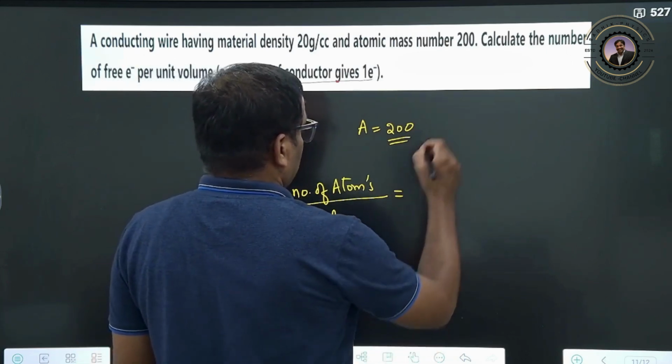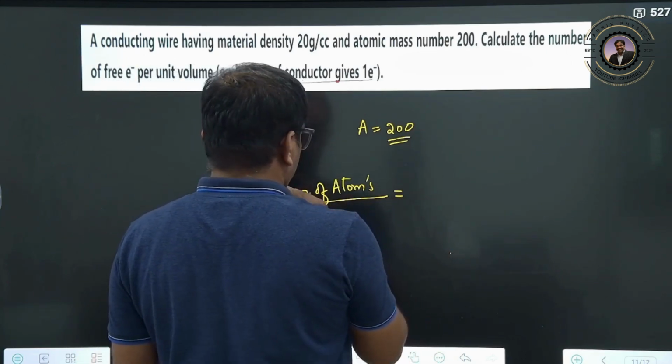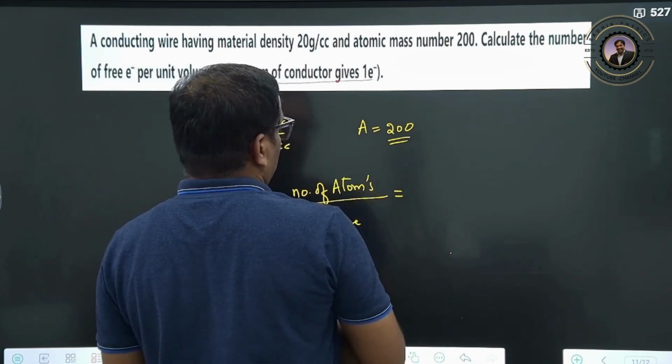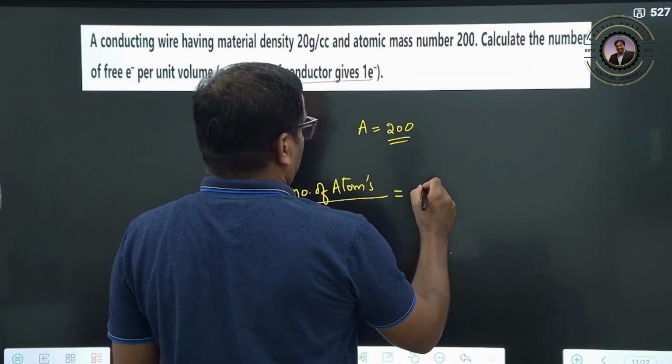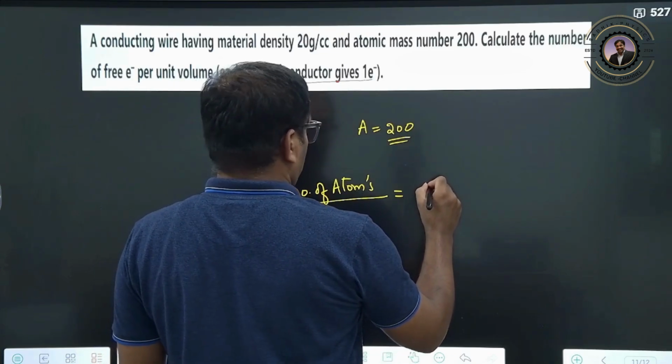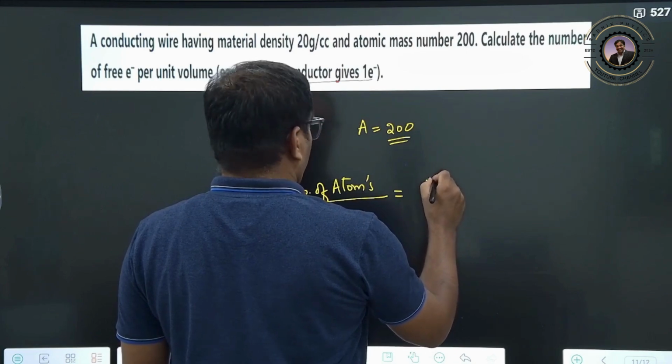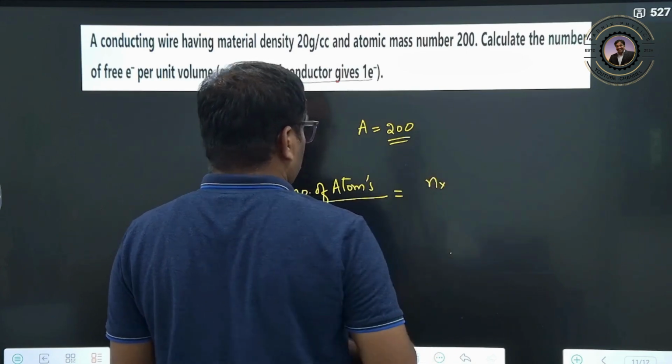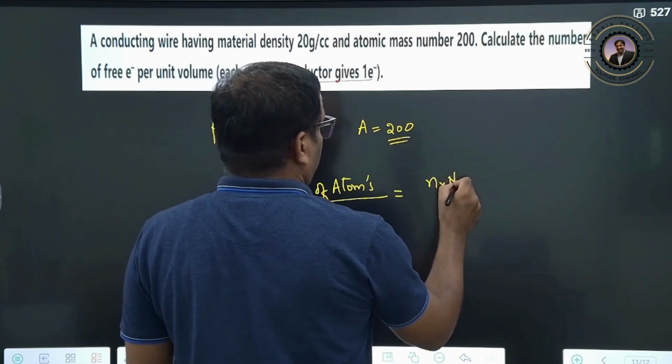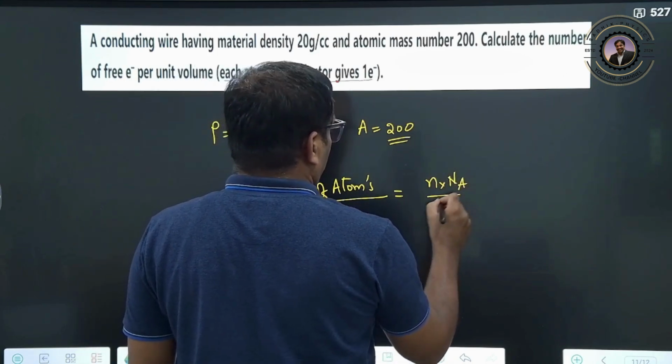So the number of atoms can be taken as the number of moles into Avogadro number divided by volume.